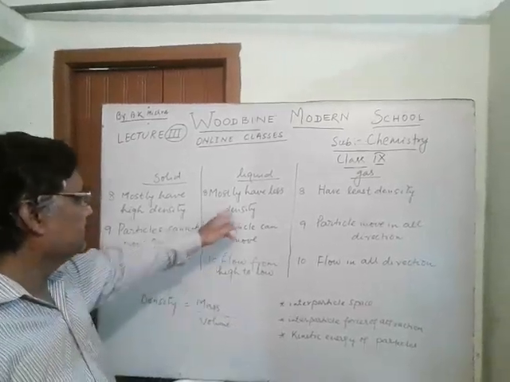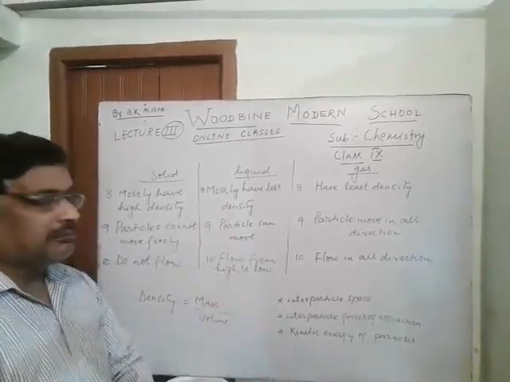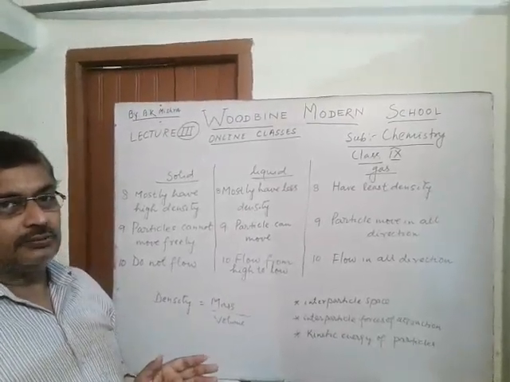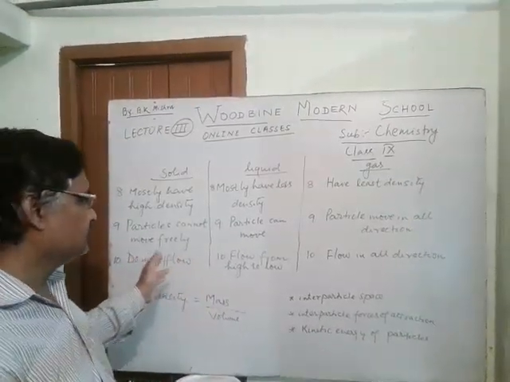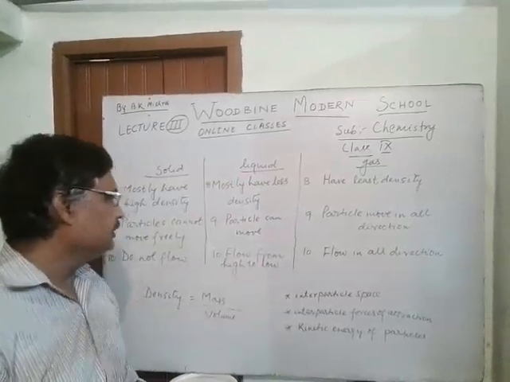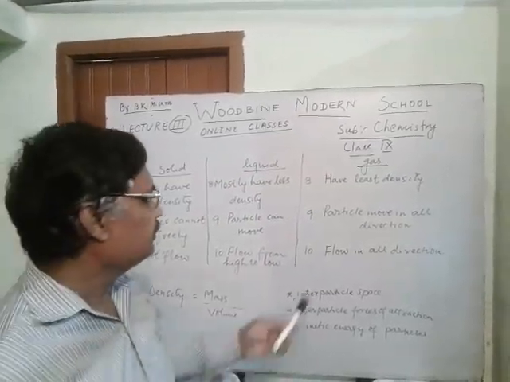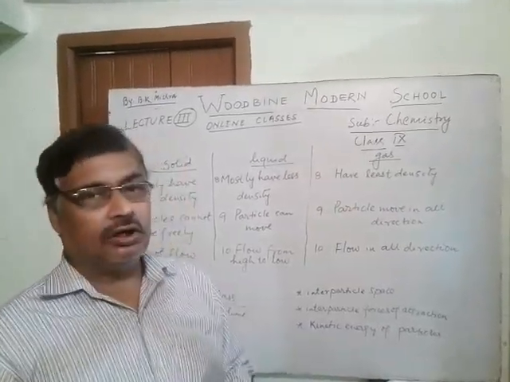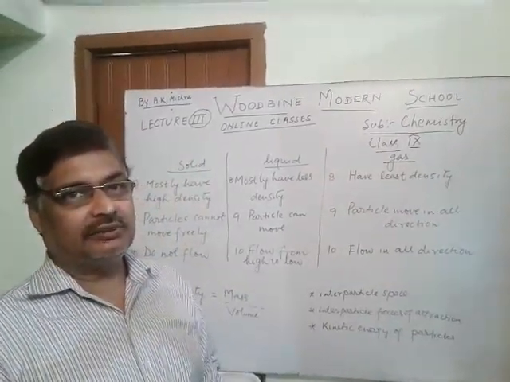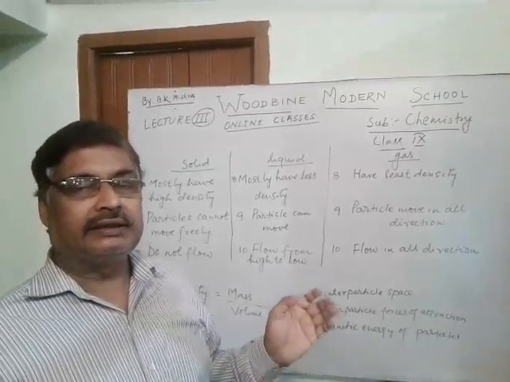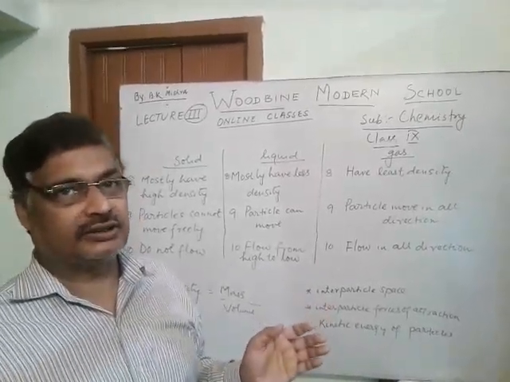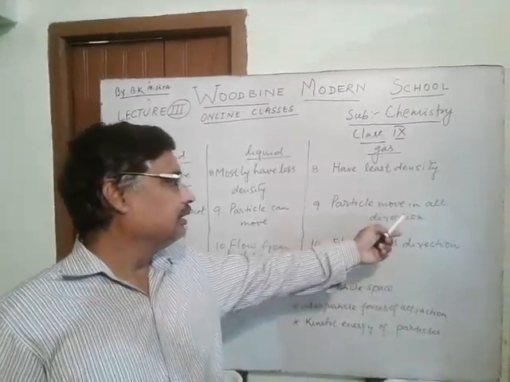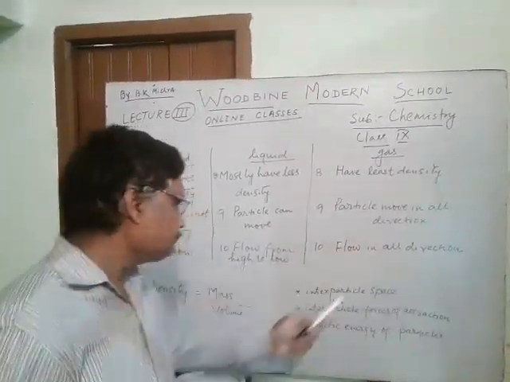Now, in liquids, particles can move because they have more space and less forces of attraction than solids. So, the particles of liquid can move, but the particles of gaseous state move in all directions because they have the maximum space and the least forces of attraction. Due to this property, the particles move in all directions.